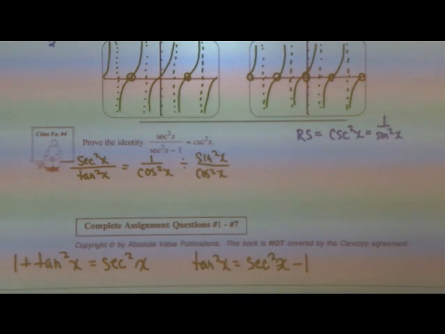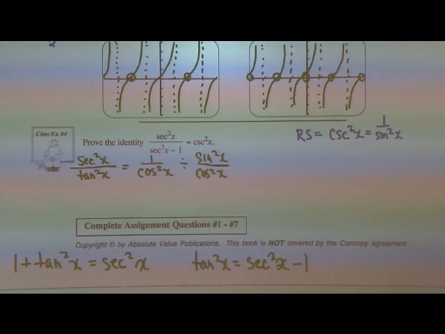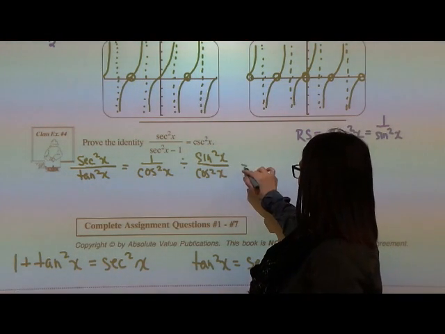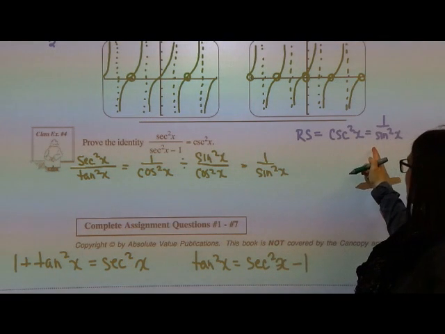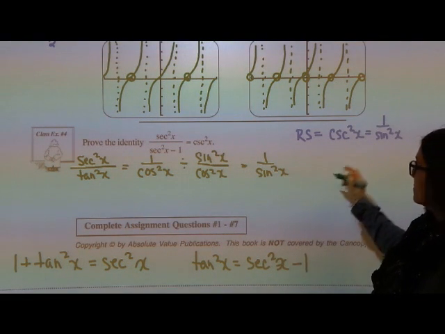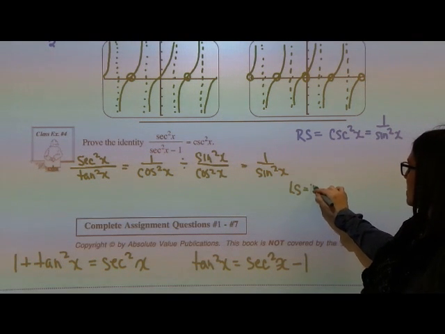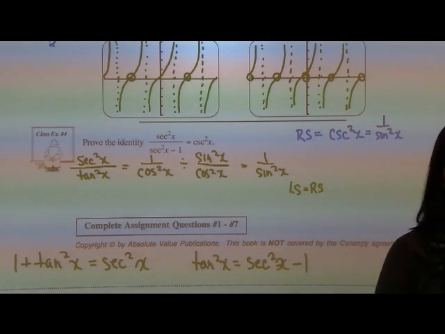So if I divide the two fractions, I get 1 divided by sine squared x, 1 over sine squared x, which now equals the right-hand side. So the left side equals the right side.